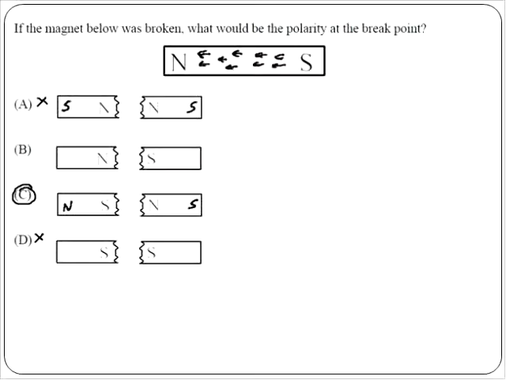That one's reversed, right? Same thing down here. North-south, south-north. This one here will be south-north, south-north. That's okay, but it's reverse of what it should be. Because if you look at the original magnet, the north had to be on the left, not on the right. That's why C is the best answer. That's why C is correct.